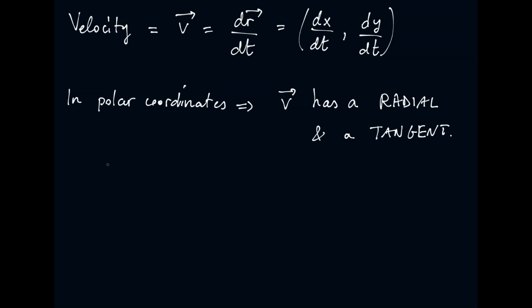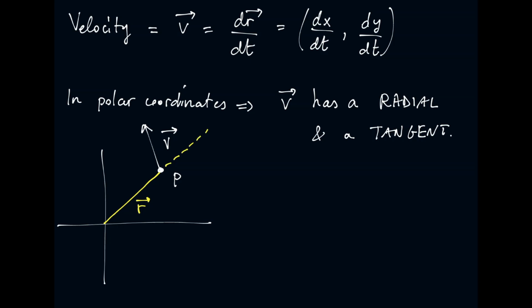So anytime you look at your axes, a point P and a certain velocity, this velocity has a component which is along r, and a component which is along the perpendicular axis to r, which is actually the phi axis.